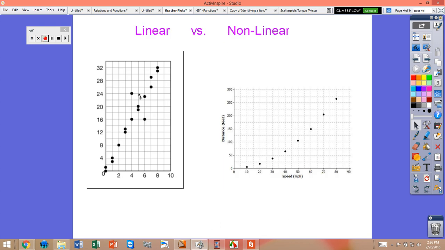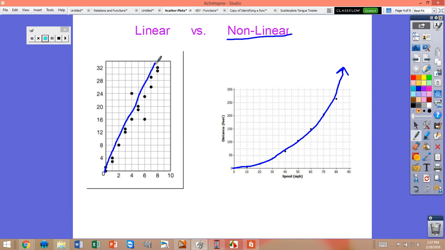We have linear versus nonlinear. I think you were asked one of these questions on your CA. This one will create a straight trend line if you make one. And then this one right here has more of a curved trend line. So when you have a scatter plot that looks like this, that creates that curve, that's when you have a nonlinear scatter plot or data.